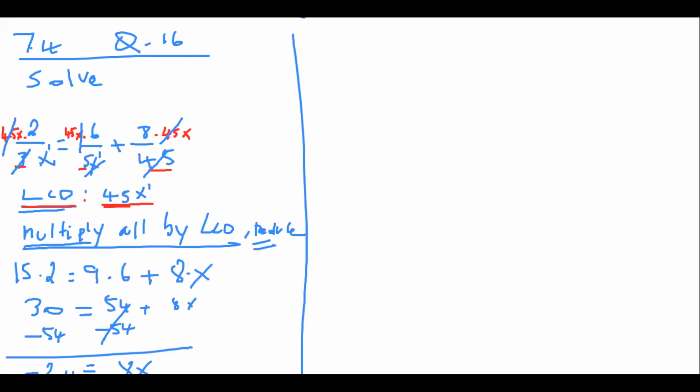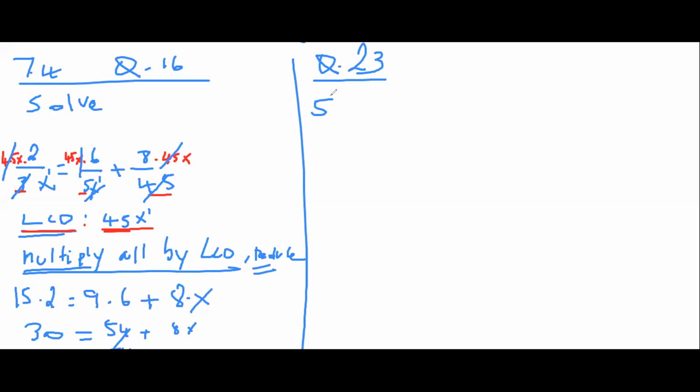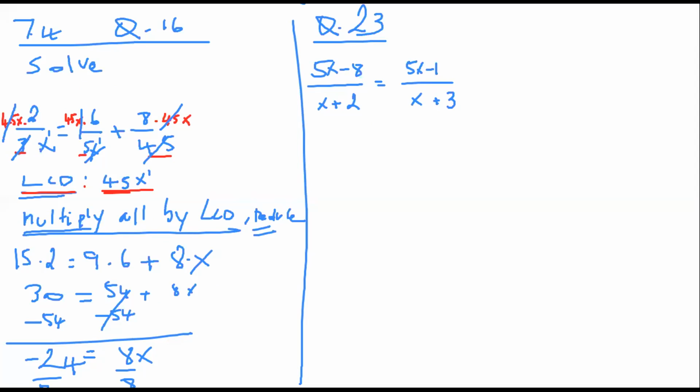All right, so this is going to be 23. And the question is 5x. Okay, so if you have an equation with only 2 fractions, you want to cross multiply.